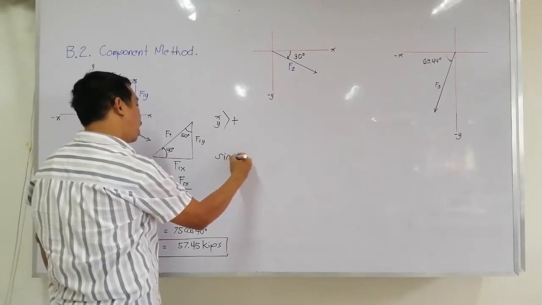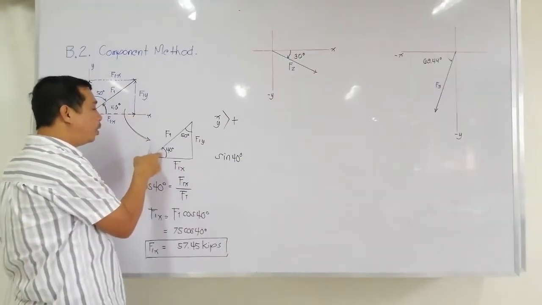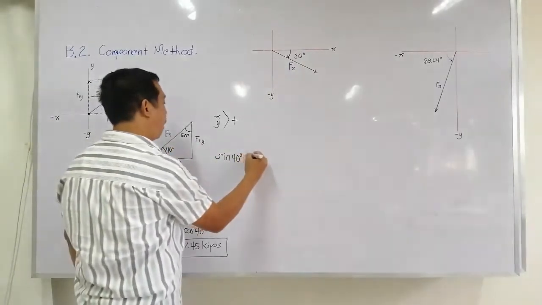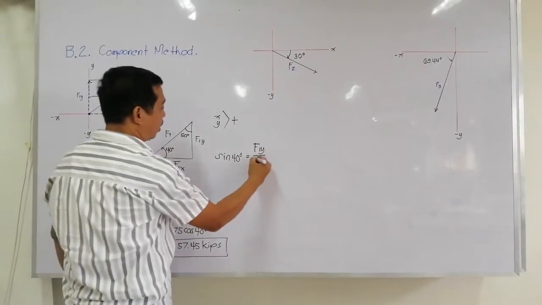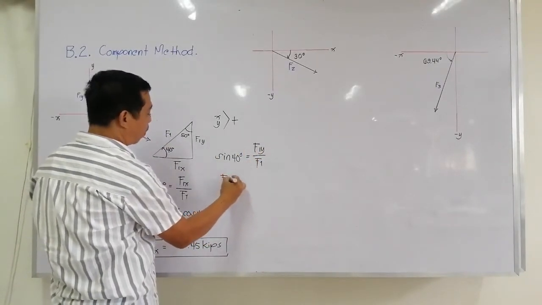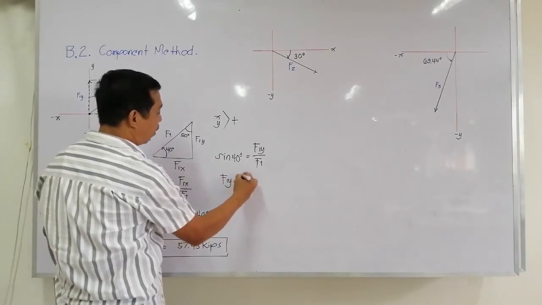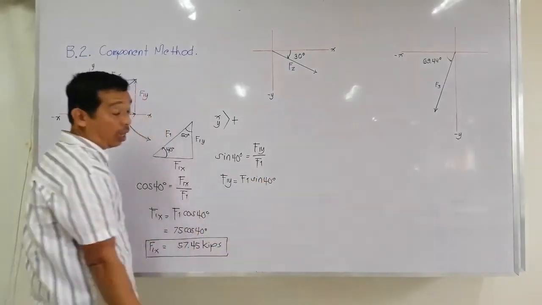So, sine of your angle 40, sine is so katawa, opposite of 40 is F1y, over the hypotenuse that is F1. Transposing, you will have to solve for F1y as the product of your F1 and the sine function of 40.